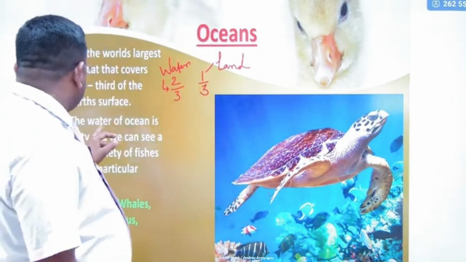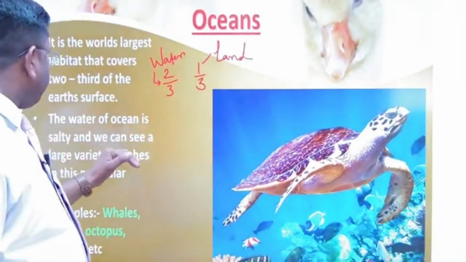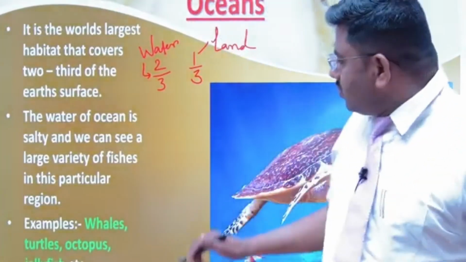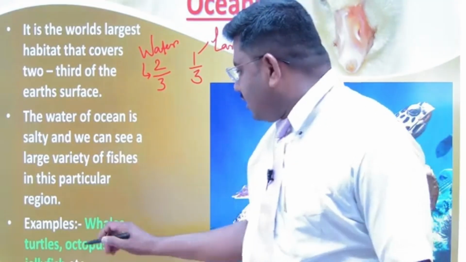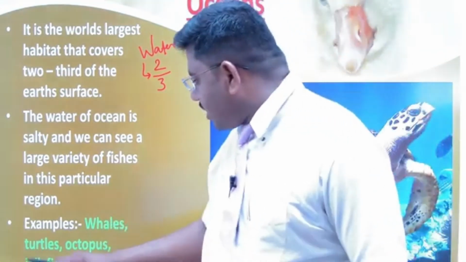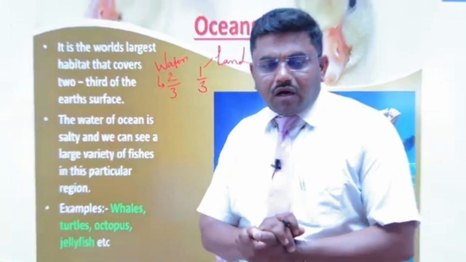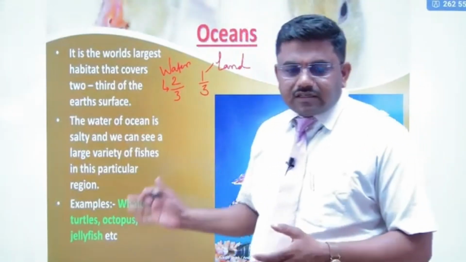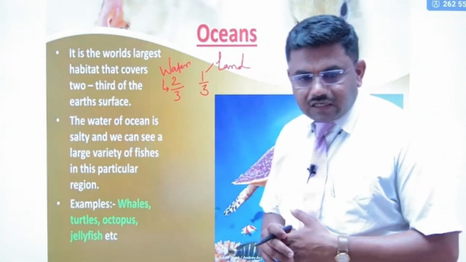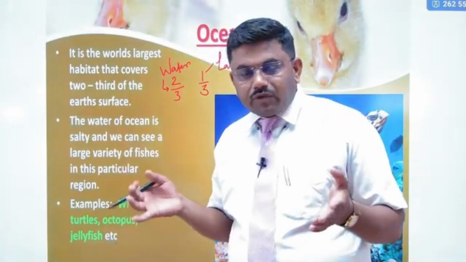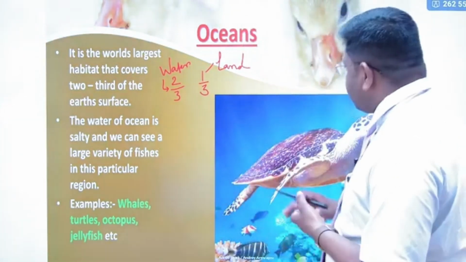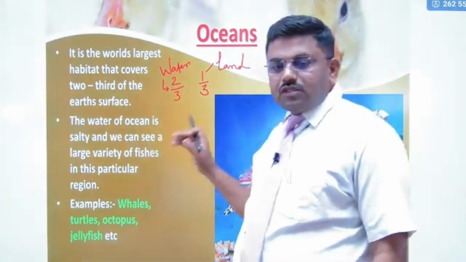The water of the ocean is salty, and we can see a large variety of fishes in this region. Examples: whales, turtles, octopus, jellyfish, tortoise. All these aquatic animals live in the water. These are some examples of the oceans.